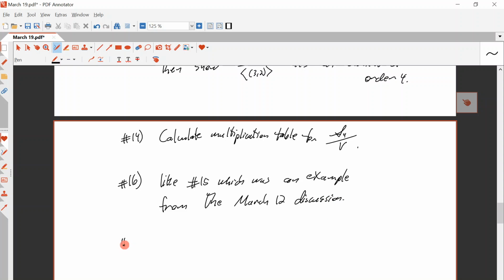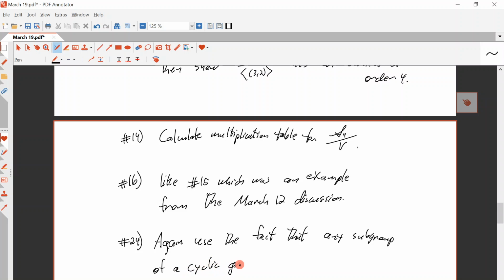And number 24, again, use the fact that any subgroup of a cyclic group is, again, well, actually, does it need that?